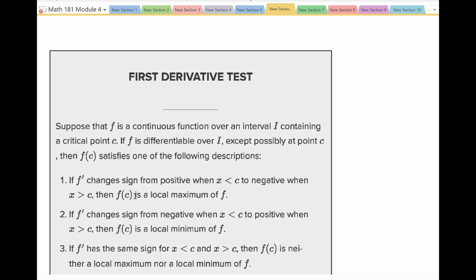So in that case, we're talking about a change from positive to negative, then it's a local, I should say maximum, I misspoke there. So you get a high point. If, however, it's going to change from negative to positive, you have a local minimum.